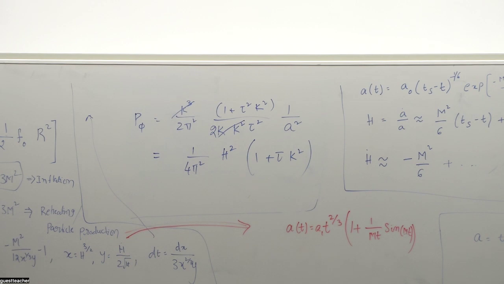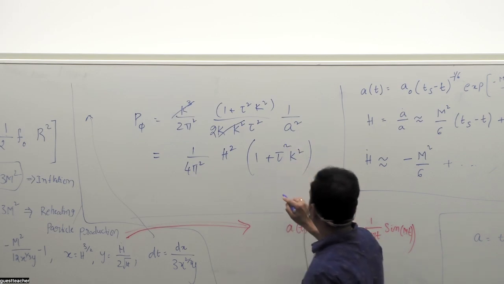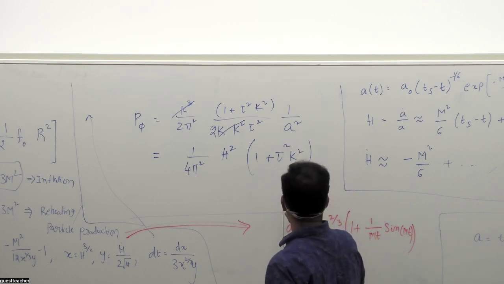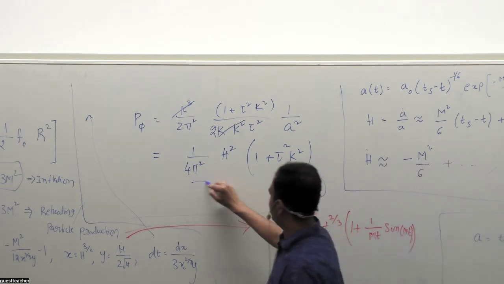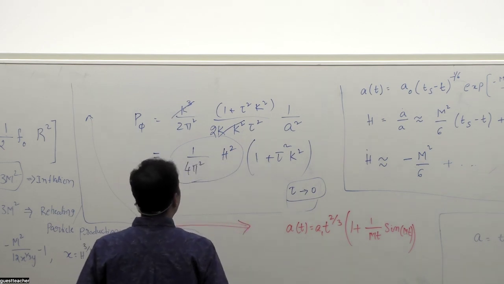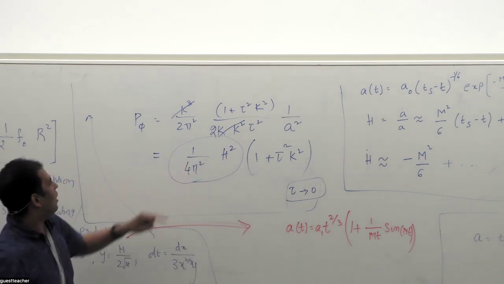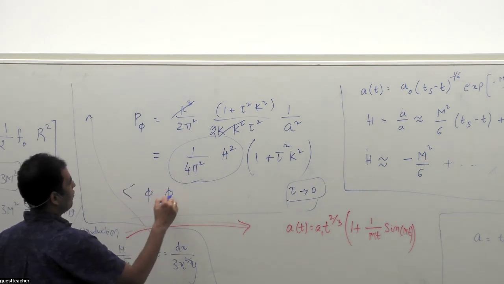As the universe expands, tau goes towards 0. In the limit tau goes to 0, this term goes to 0, then you are left with this term.